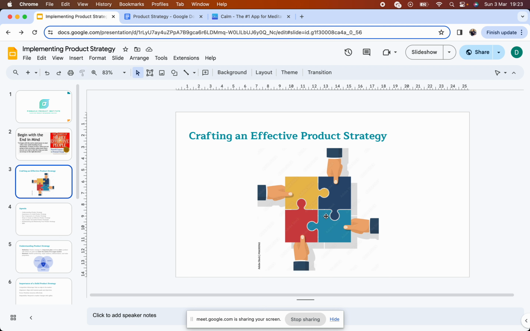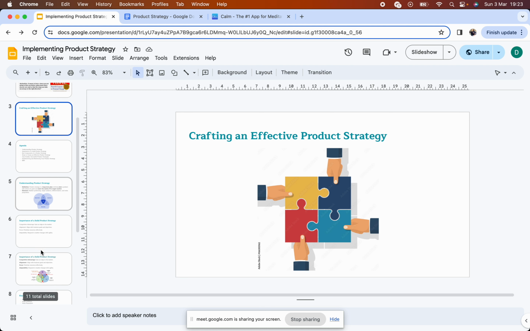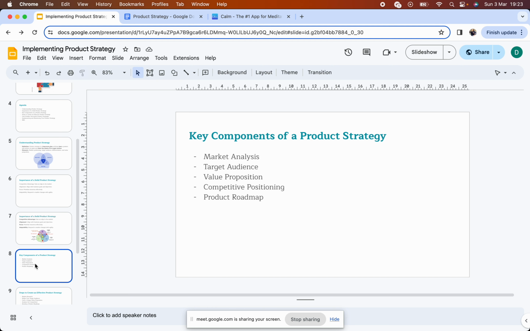So as a product team, we add value in any company by helping that company to really understand these core components. And you could say some of these components can be done by marketing. Yes, that is true. They do it from a marketing perspective. So we need to really pay attention to that.